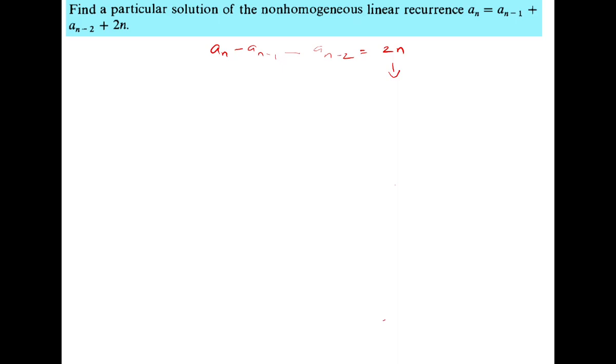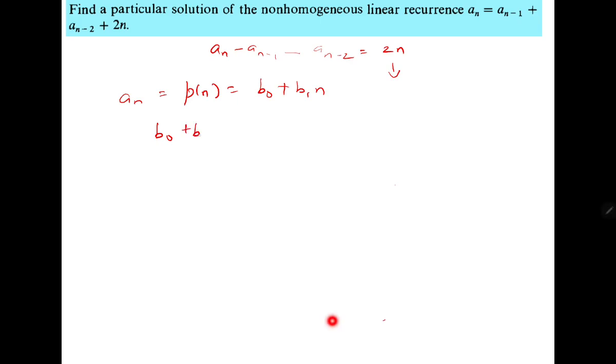It means that my particular solution, if I denote it by P(n), would be something like B0 plus B1 n, where I need to find B0 and B1. Since I assume it is a particular solution, it must satisfy the recurrence relation. So if I put it back, P(n) means a_n here, the solution of the recurrence relation.